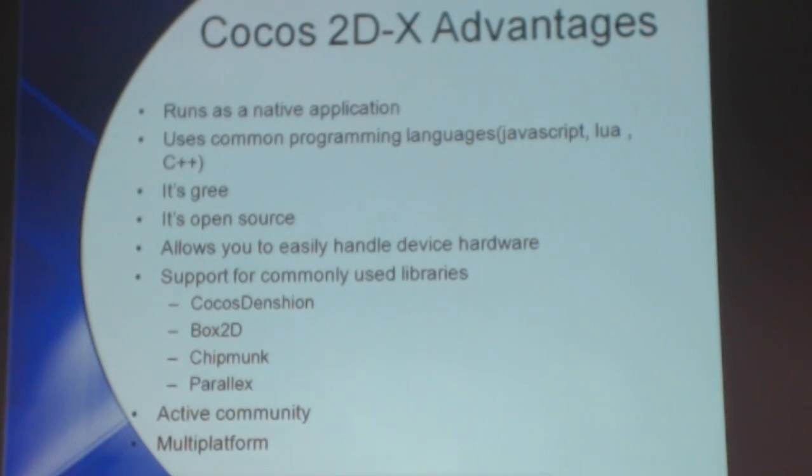Another interesting thing is that it uses a common programming language. It means that you do not have to learn a new language to program with this framework. It's free. It's totally free. I always emphasize that point because you will find engines like Unity, for instance.